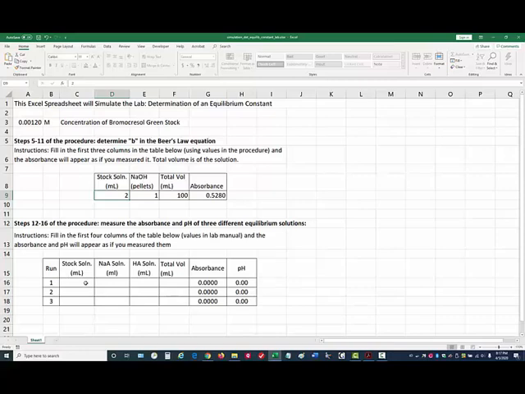And you can use the suggested amounts that's given in the lab write-up, and then the total volume should be 100 again. And after you enter all of these numbers, you'll see the absorbance and pH values computed for you. And that's as if you were to make those solutions, measure the absorbance, measure the pH. That's what you would have found in the lab.